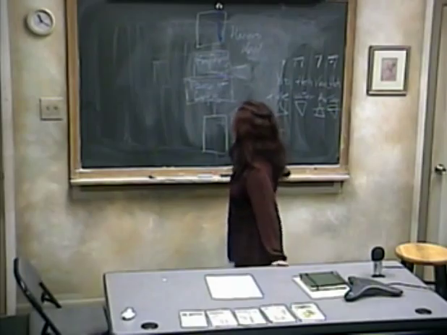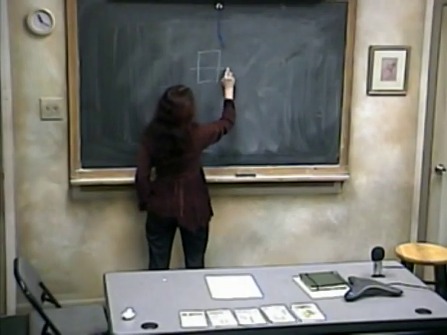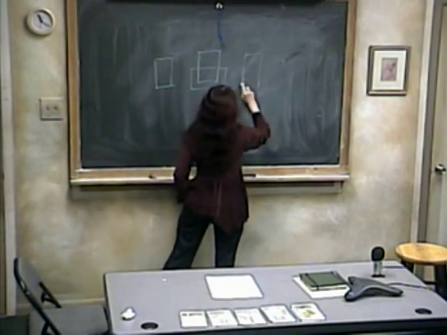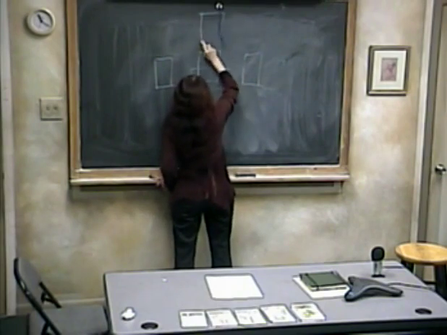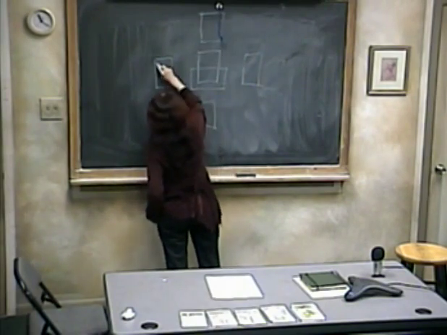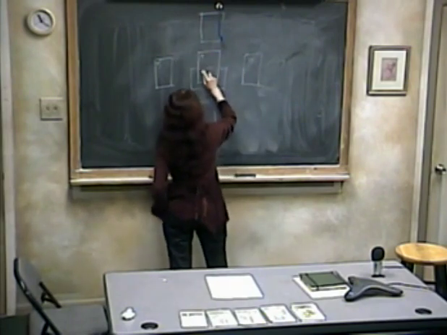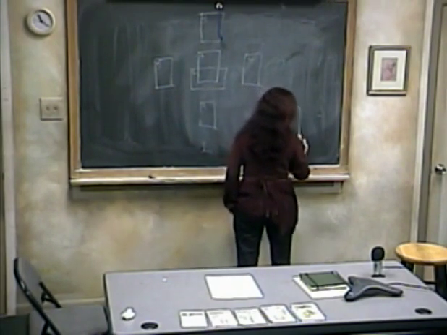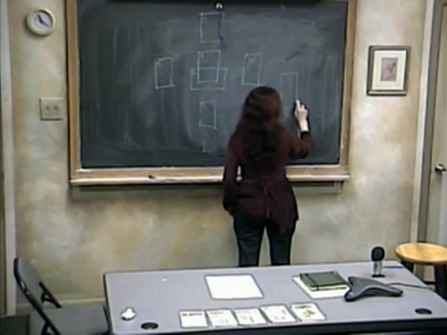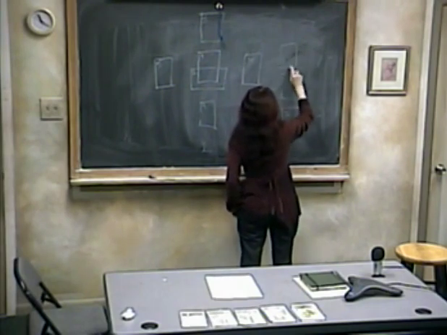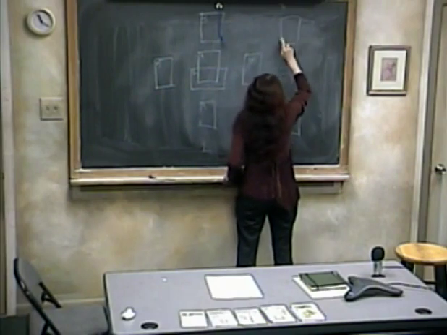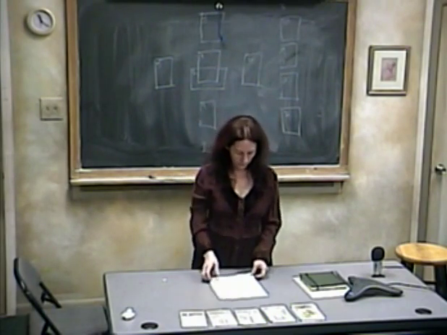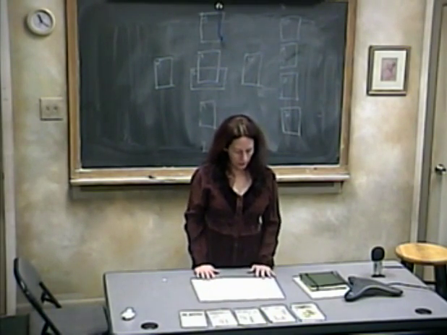Now let's do the two outer cards. So now we get to this one behind you and this one before you.